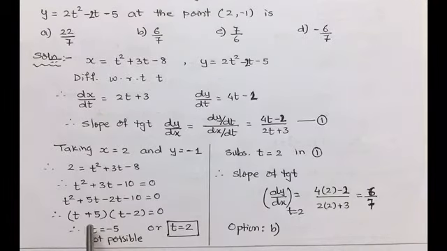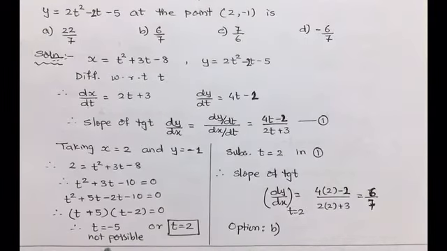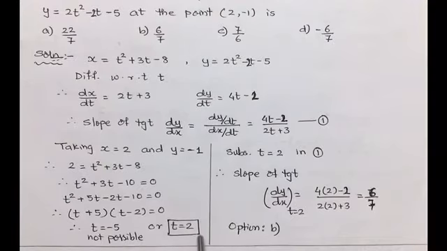Factorizing it, we'll get t square plus 5t minus 2t minus 10 equal to 0. So t plus 5 and t minus 2 are the factors. One of the values of t is negative, that is minus 5, which is not possible. So t equal to 2 is to be taken up.